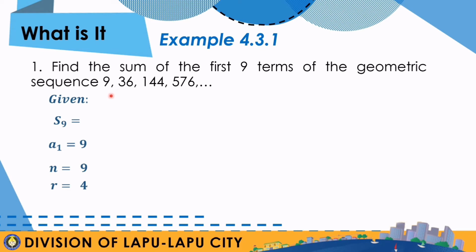Picking any 2 consecutive terms, here our first term is 9 and our second term is 36. Getting the ratio, 36 divided by 9, that gives you 4. And since your common ratio is greater than 1, this is the formula to use: S sub n is equal to a sub 1 times 1 minus r to the exponent n all over 1 minus r.